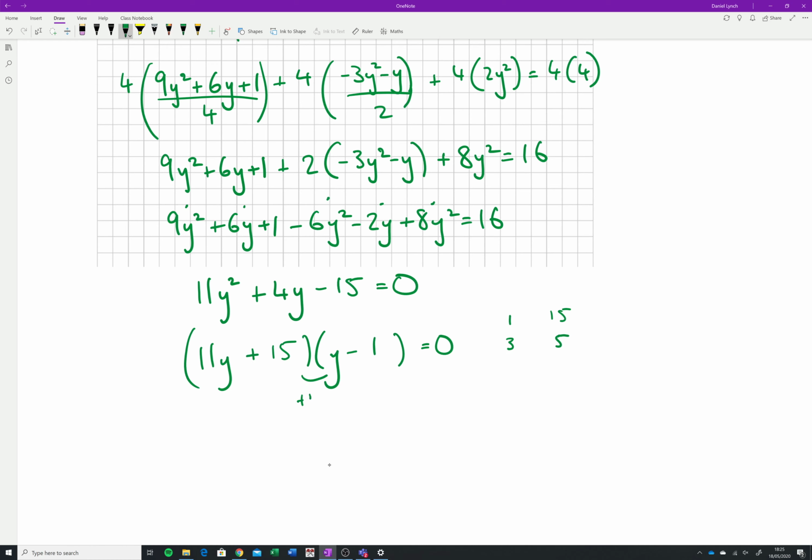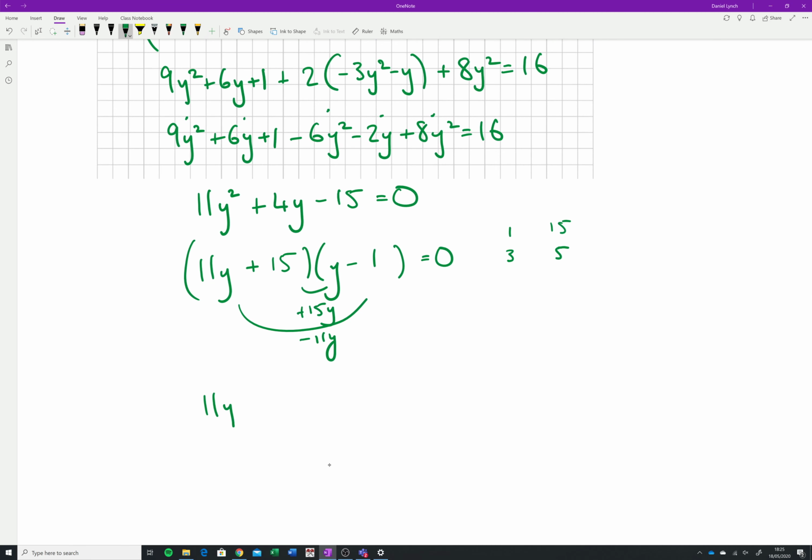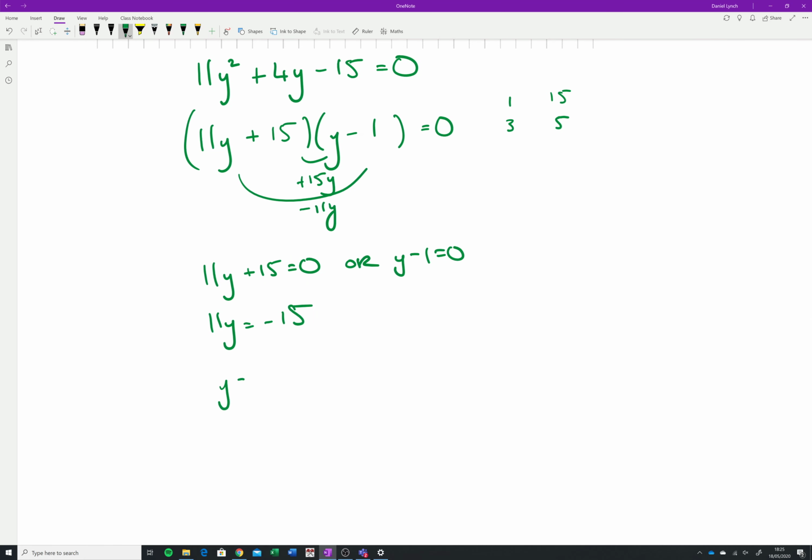Just a quick check, plus 15y, minus 11y. So that's good. So we have 11y plus 15 equals 0, or y minus 1 equals 0. So 11y is equal to minus 15, in which case y is minus 15 over 11, or on this side y is equal to 1.